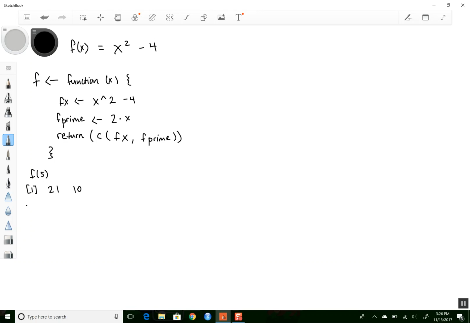If we want one of these, f of 5 bracket 1 will be 21, and f of 5 bracket 2 will be 10. So we can access these like this. It does require us to be able to take the derivative of the function.